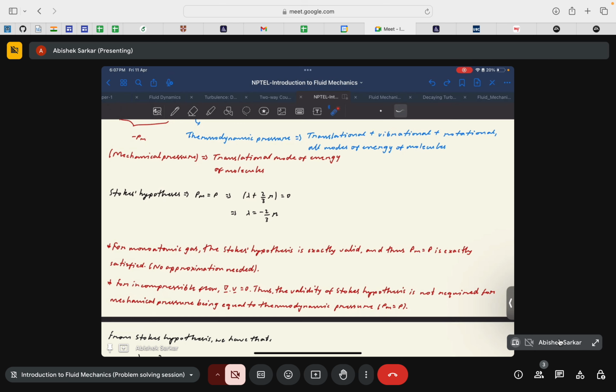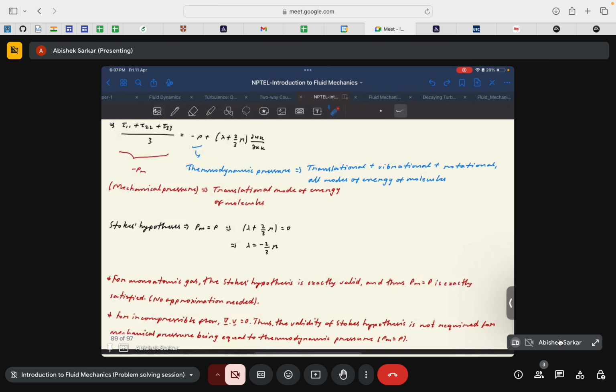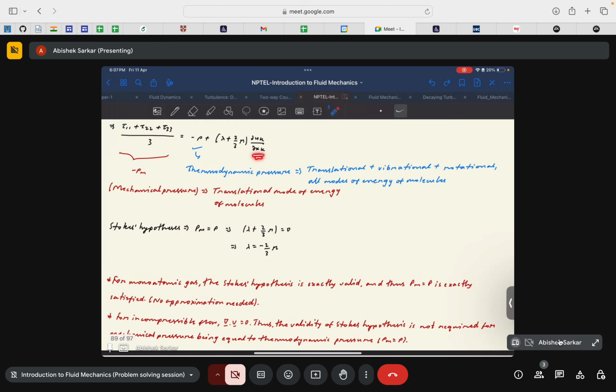But in those cases, if the second part of the term is zero, that is, if this term is zero, then again the mechanical pressure and the thermodynamic pressure will be equal. And when can this be zero? If you recall, this term is one of the very popular equations that we have dealt with by now.